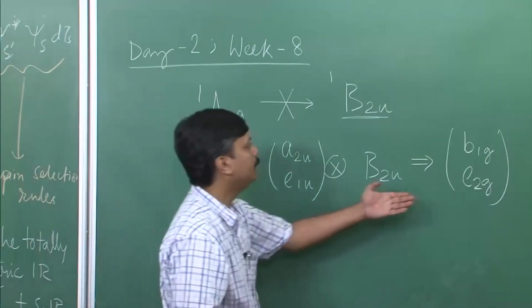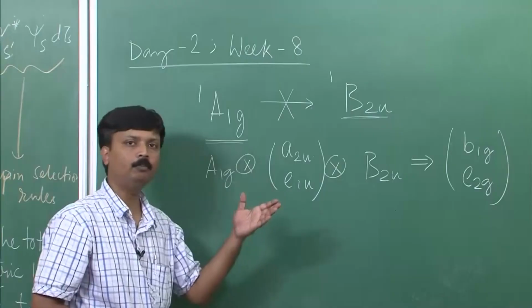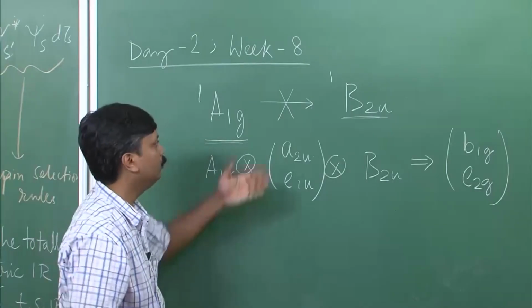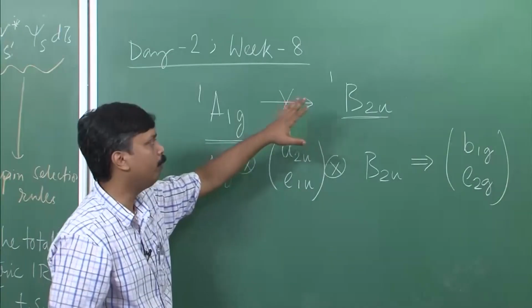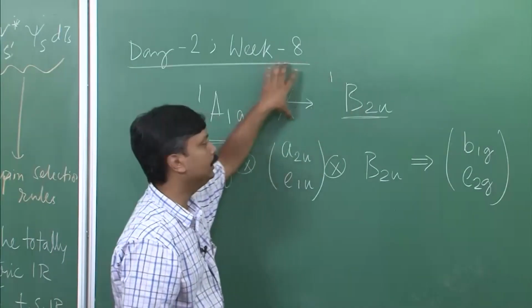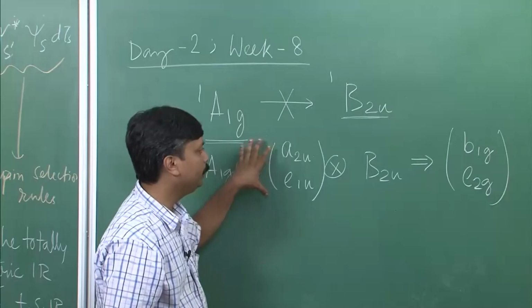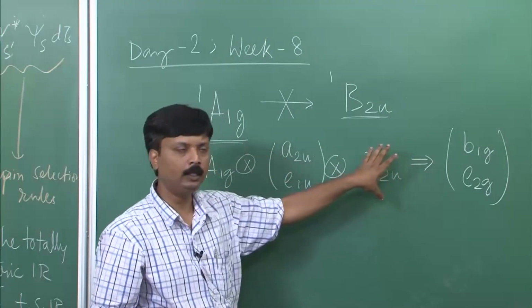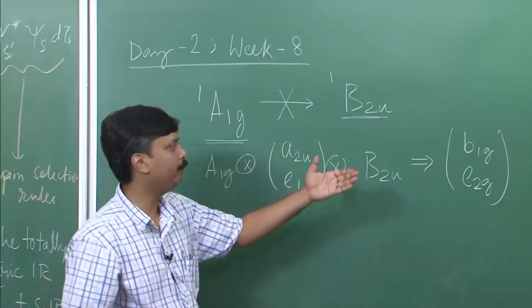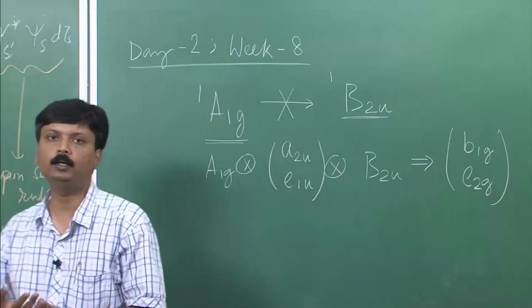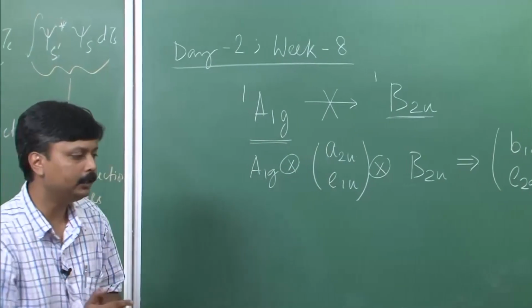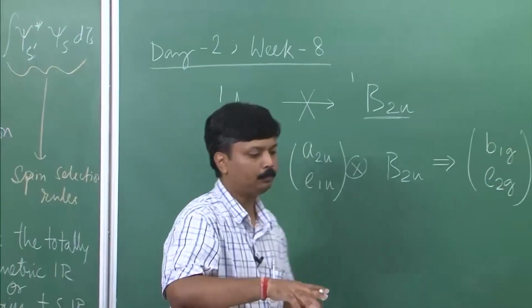So clearly this transition is orbitally forbidden. That one we have already seen, so in either way you can go. If you are not comfortable doing it in this short way, you can do it explicitly in this format and get the result. If the result does not contain the totally symmetric irreducible representation, the transition is orbitally disallowed.